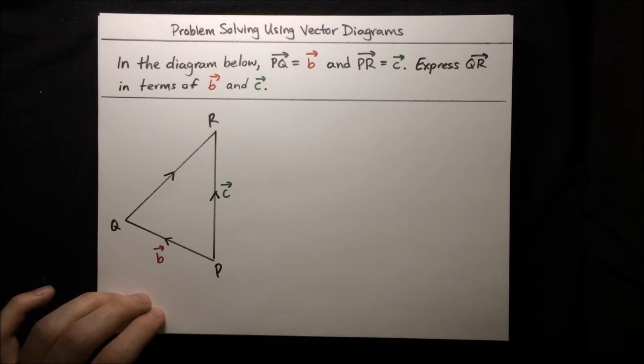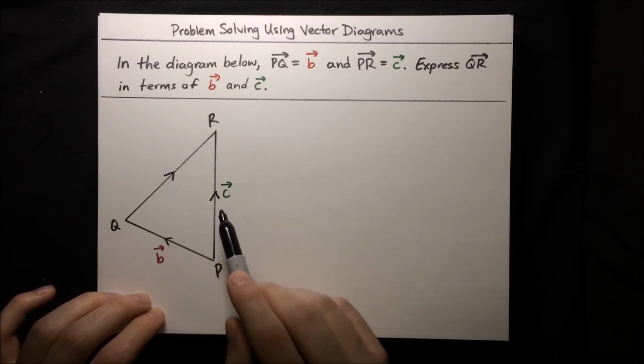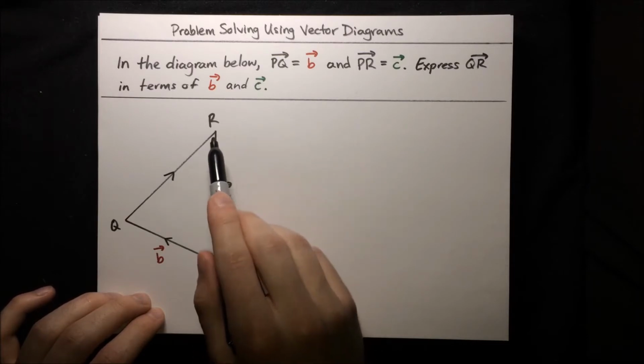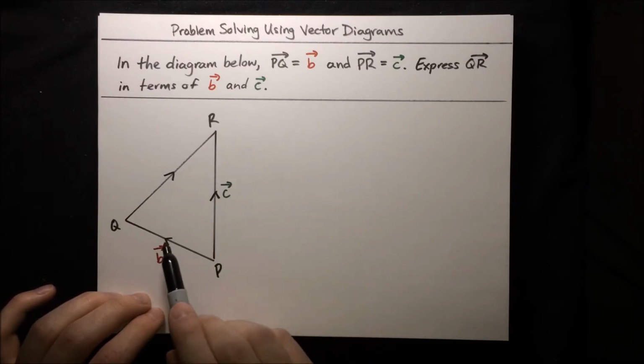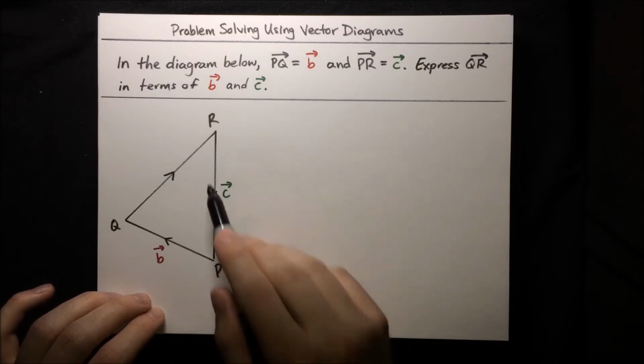Now, first of all, let's talk a bit about how these vectors are labeled. Usually we see the arrows at the ends of vectors, but here we see the arrows in the middle of the vectors. This middle arrow notation is convenient when we have multiple vectors ending at the same point, such as PR and QR.